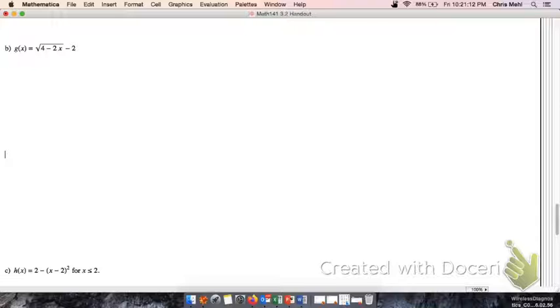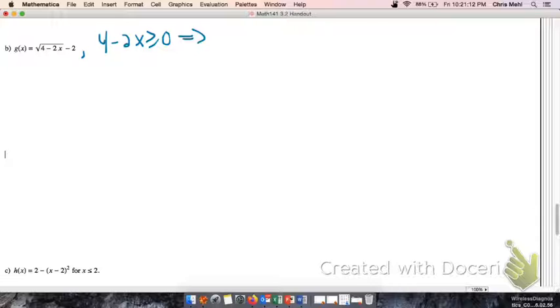Okay. So hopefully everybody saw part A. Hopefully I didn't accidentally pause the video. But here's part B, finding the inverse function of g of x. So first of all, I want you to notice that I'm going to find the domain. 4 minus 2x has to be greater than or equal to 0.